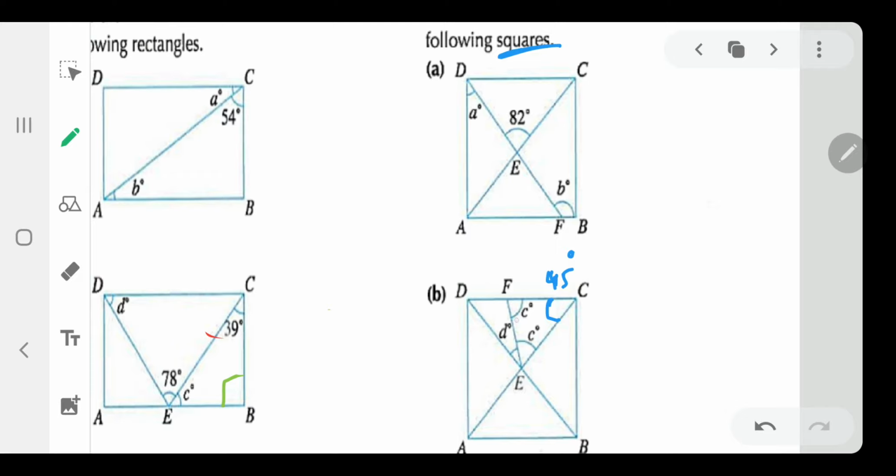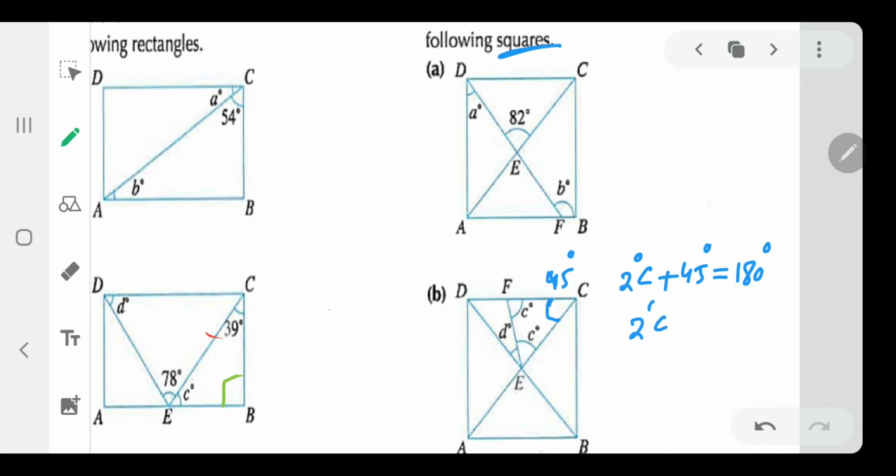So how should we calculate this angle? As we know that the sum of three angles of a triangle is 180 degrees, we can find the value of C as, so this is 2C plus 45 degrees, which will be equal to 180 degrees, right?